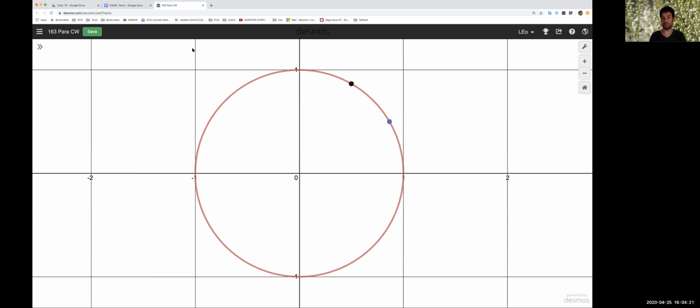You might not be able to tell exactly, but if you notice when they pass the initial point at 0, 0, right? So our initial point is right here. Notice by the time the blue one gets to the other side, the black one is just finishing, right? So the blue one's traversed half the circle in the time it takes the black one to go through the whole circle.